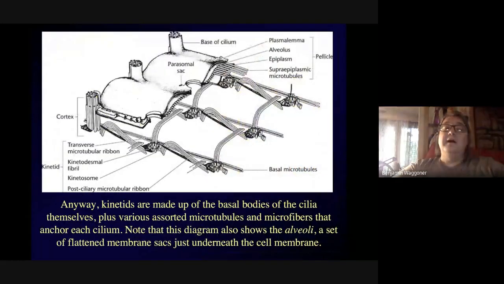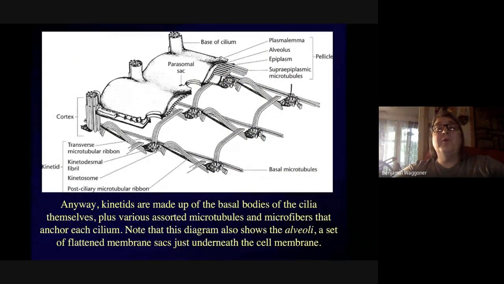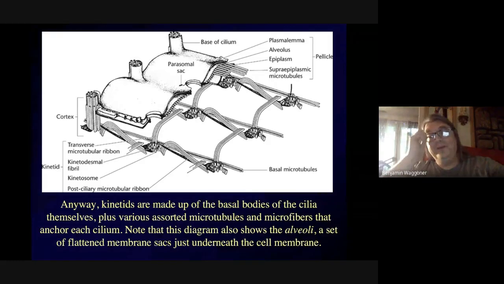Anyway, there you've got a diagram. Don't worry about memorizing all of these words. I'm not going to test you on parasomal sacs and kinetodesmal fibrils and all that. This is mostly there just to show you how the bases of the cilia and the basal bodies are connected to these ribbons of microtubules and microfibers that hold everything in place.